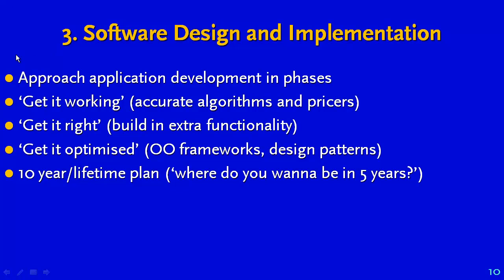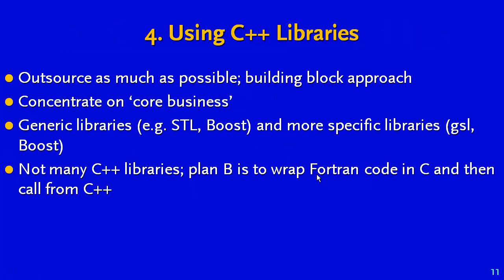This is a full-time job basically, but ask anybody who's been working as a quant for a number of years and they will tell you. So it's a 10-year plan, and you should ask yourself, you're doing something, where do you want to be in 5 years?